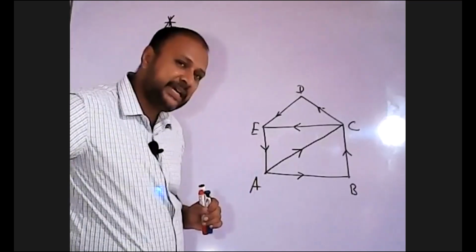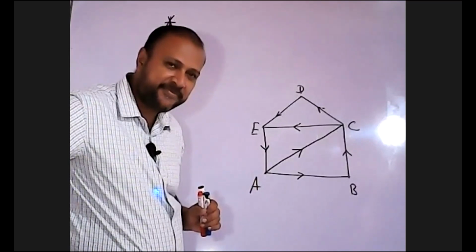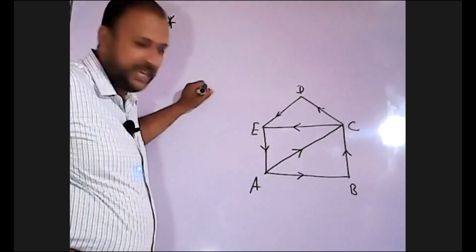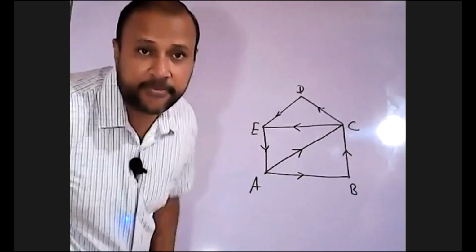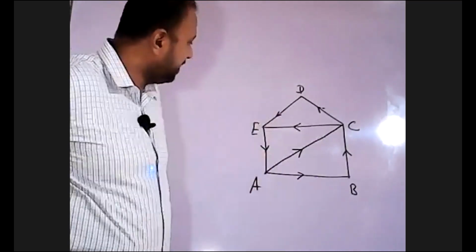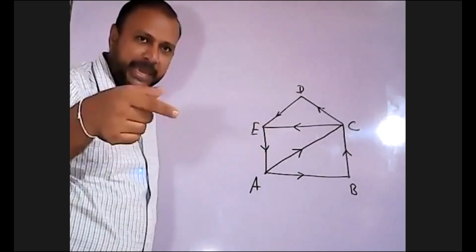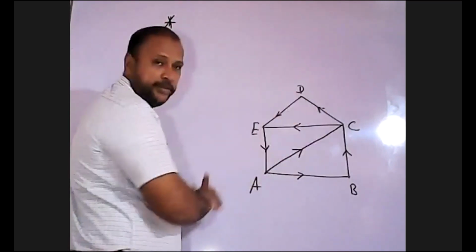Is there any other closed loop? Any other suggestions? A, E, C. Yeah. Normally, when you are telling a closed loop, please tell me in order.